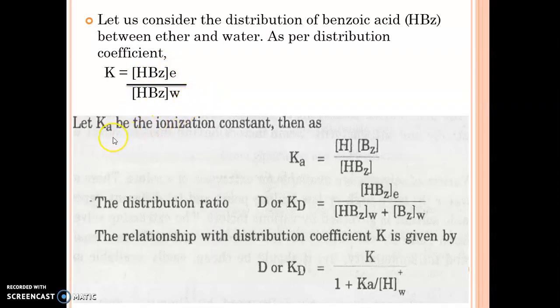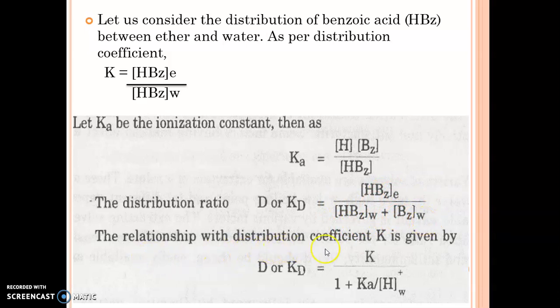Let the ionization constant be Ka, equal to [H+][Bz-] divided by [HBz]. The distribution ratio, denoted by D or Kd, is equal to [HBz] in ether divided by [HBz] in water plus [Bz-] in water.